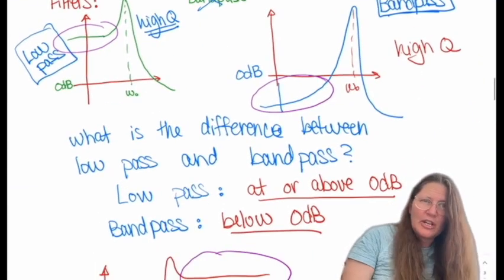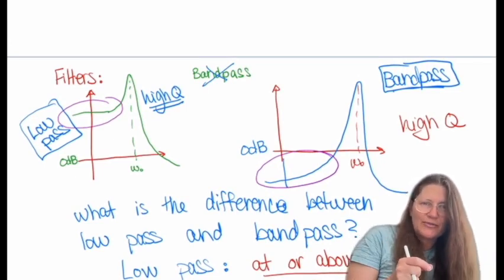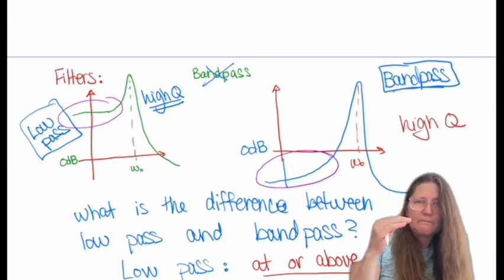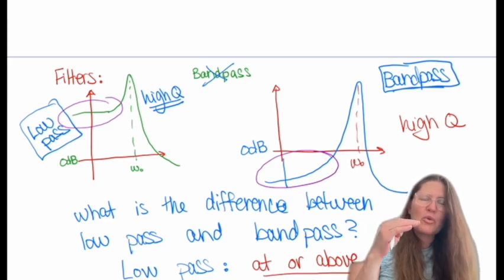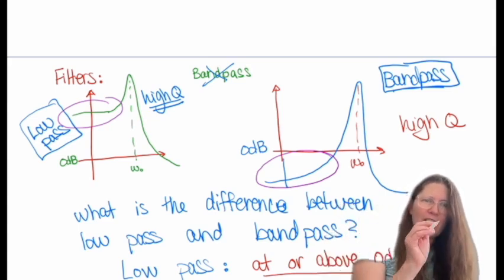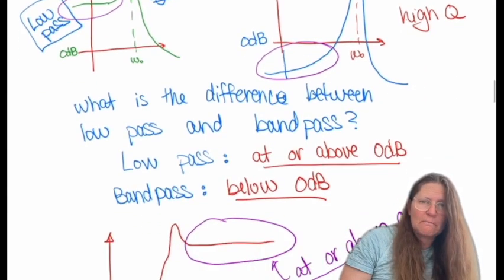Remember on the filter that I went through, you're determining if it's a bandpass or a low pass filter based on if you're looking at the 0 dB level of it before or after, for high pass. So on a low pass, you have that 0 dB, it's above 0 dB or at 0 dB.